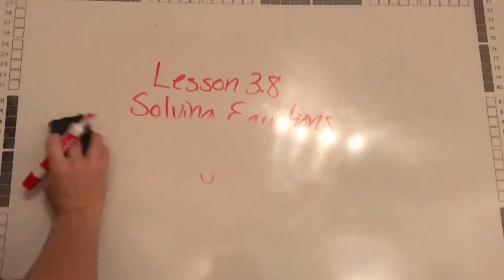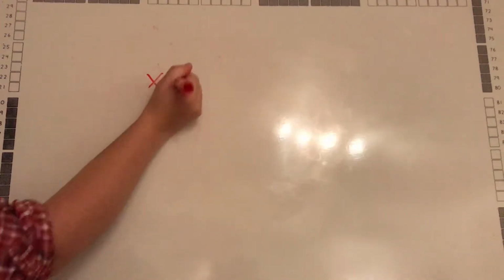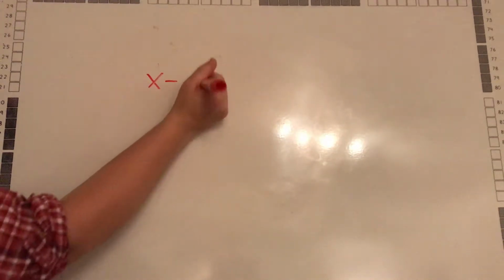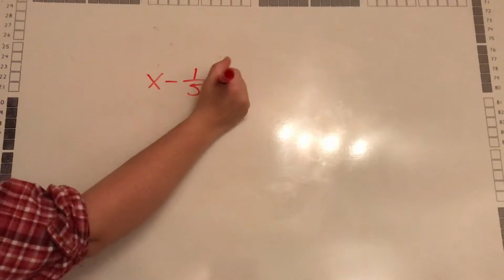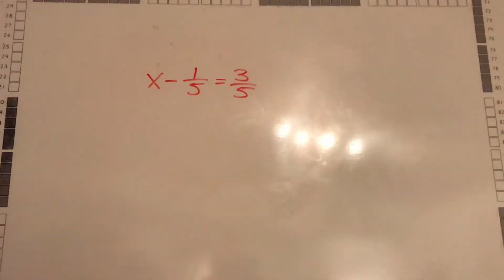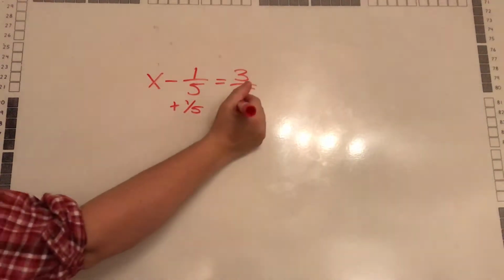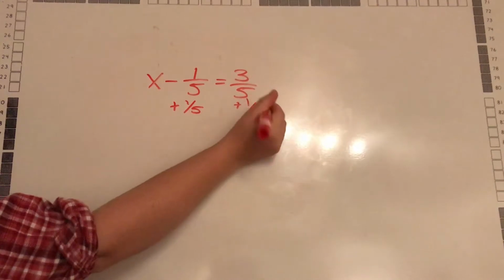If you look in your book, example 1a is this: x minus 1/5 equals 3/5. And what they want you to do, of course, is to solve for x. So we know that the first thing we need to do is get x by itself. So we're going to add 1/5 to each side of the equation.